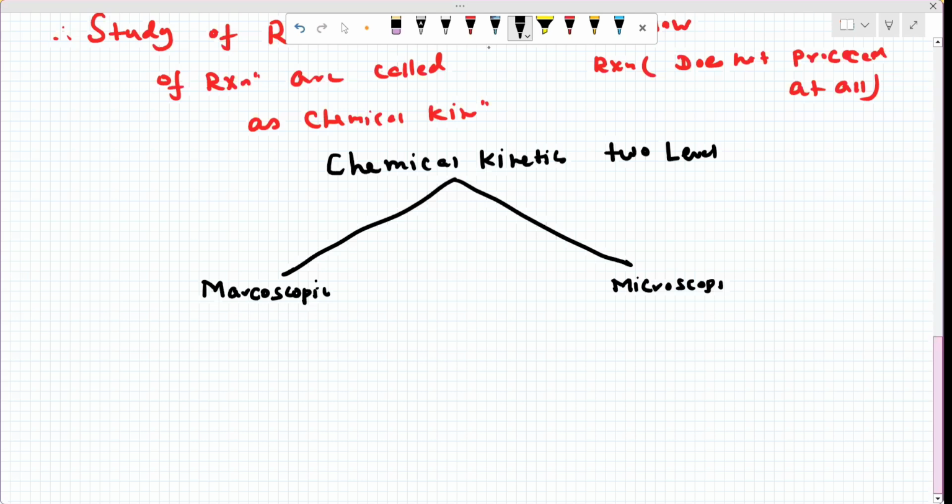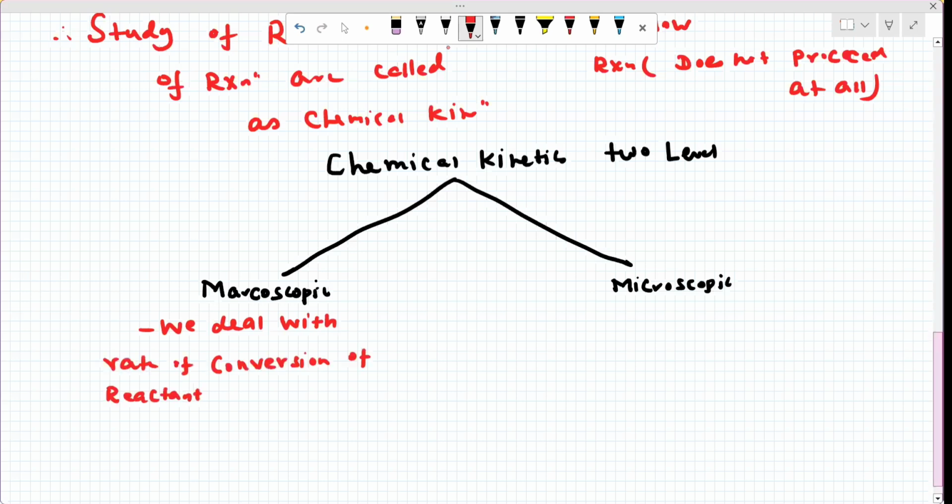Microscopic level. What is macroscopic level? That is the factor of rate of reaction. Please note, at the macroscopic level we deal with the rate of conversion of reactant to product, and concentration change, etc. This is macroscopic.